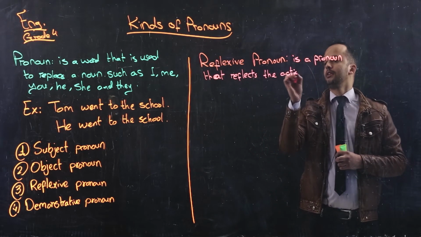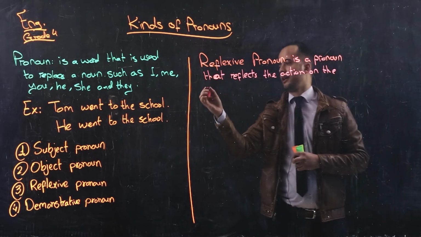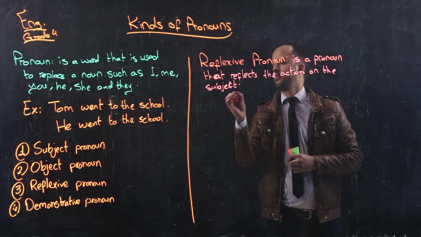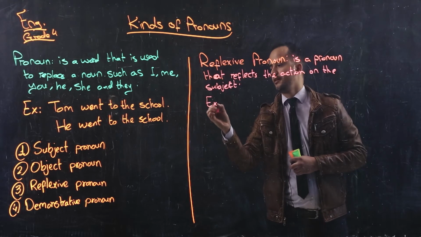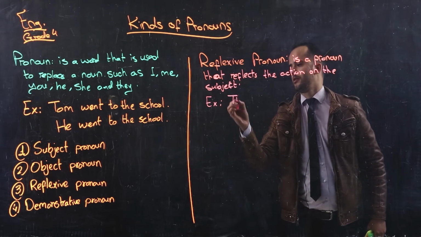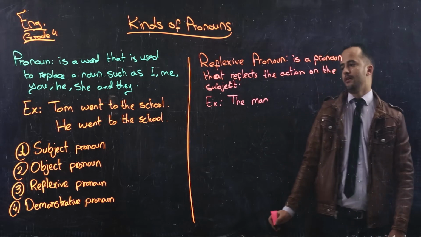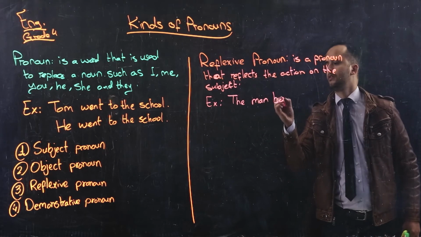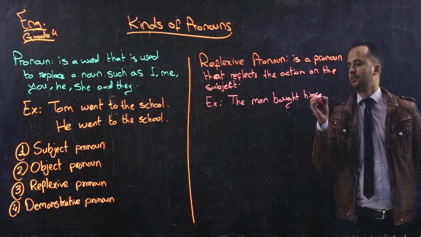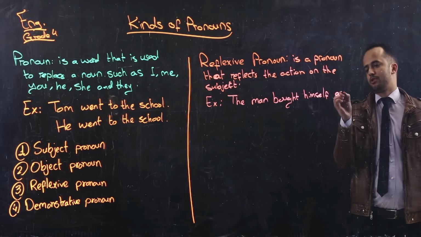So, let's take an example here. For example, when we say, the man bought himself, let's say, a watch.